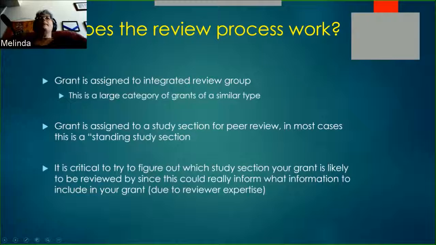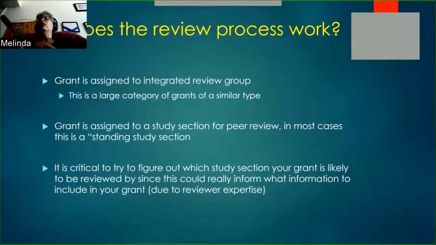So for dealing with CSR, you have to understand how the review process works. The grant enters NIH, and using a combination of computer tools as well as humans, your grant is assigned to what's called the Integrated Review Group. The Integrated Review Group is a large category of grants of a similar type.